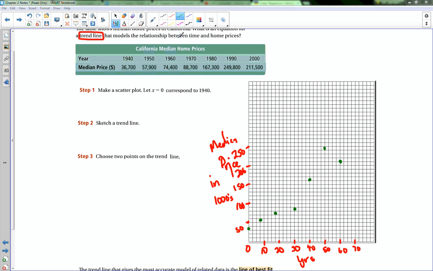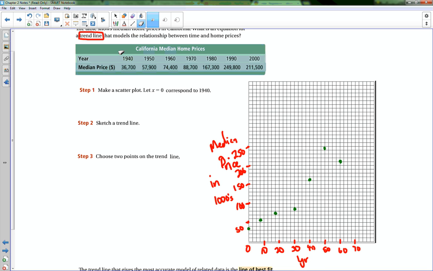All right, so if you put the median prices on the Y, and I counted by 10, I did it my median price in thousands, so this is 50,000, 100,000, 150, and I counted by increments of 10,000, and then I put my year.